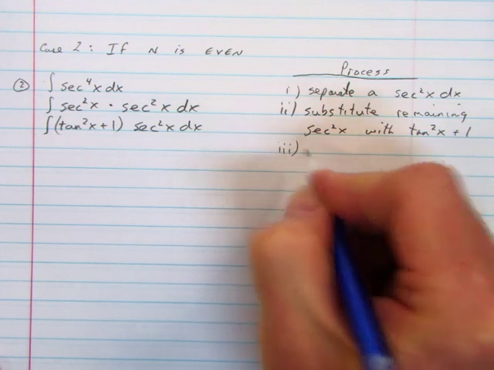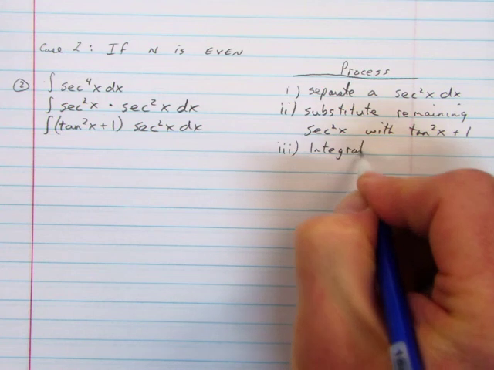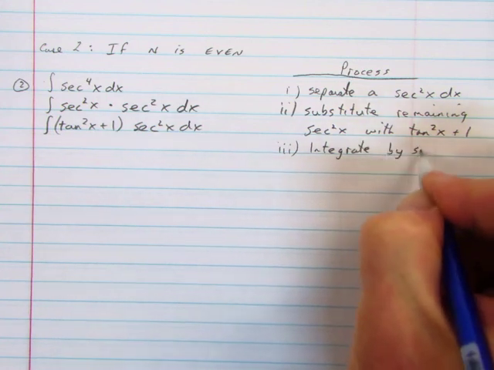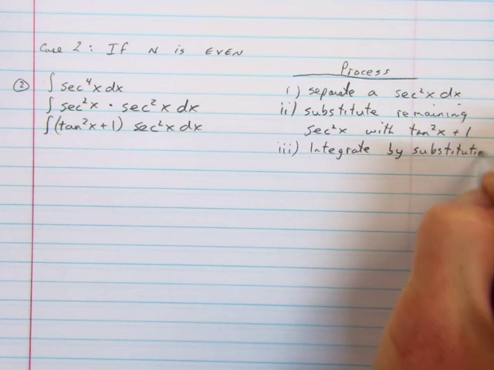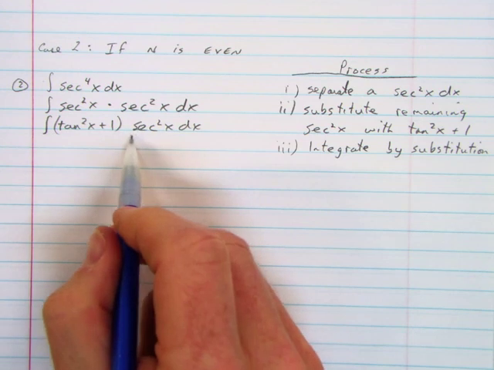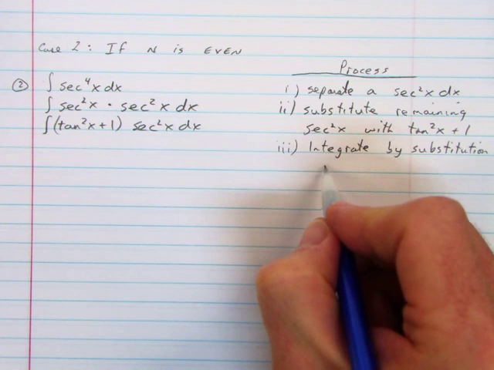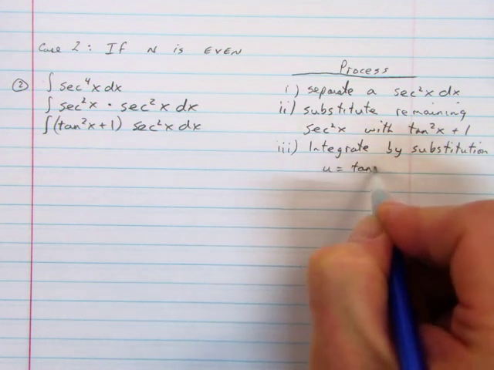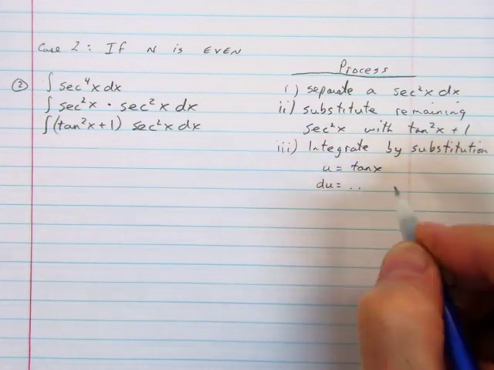Next step, we are going to integrate by substitution again. And hopefully that's becoming clear. Why did we separate out the secant squared? Because that is the derivative of tangent. So we're going to say with u equals tan x, and then we'll find the du, etc.